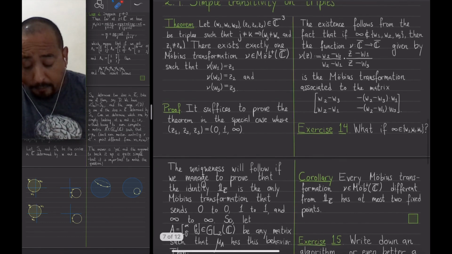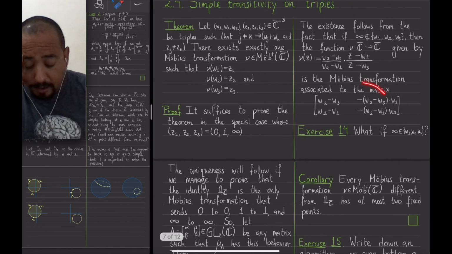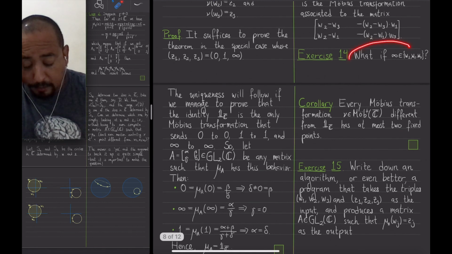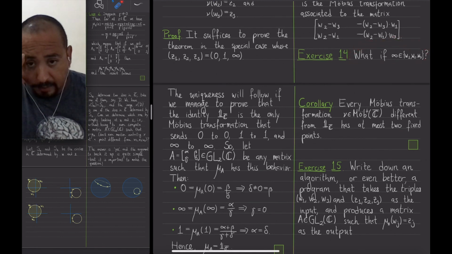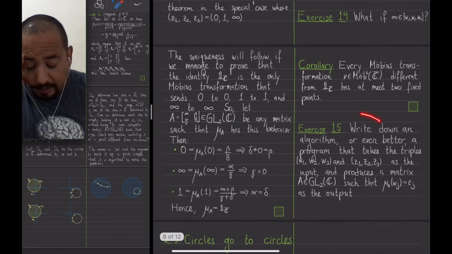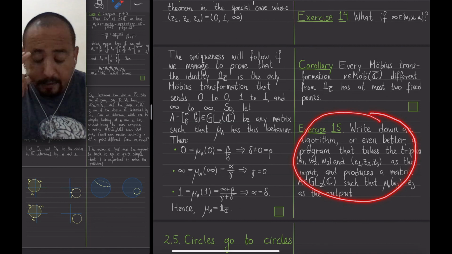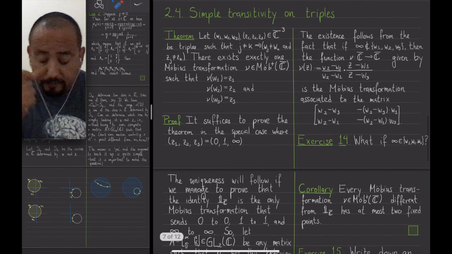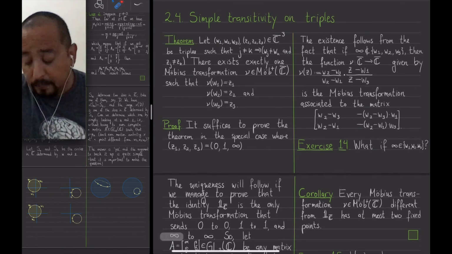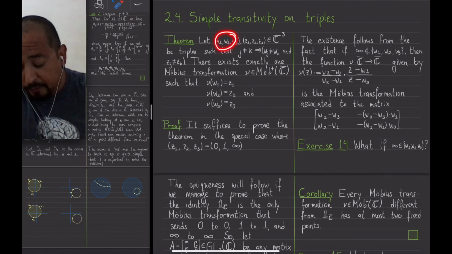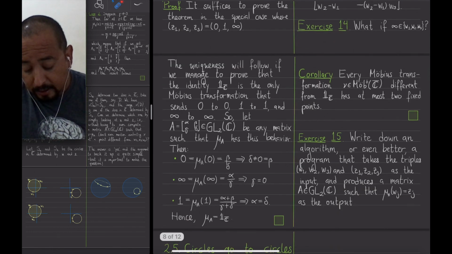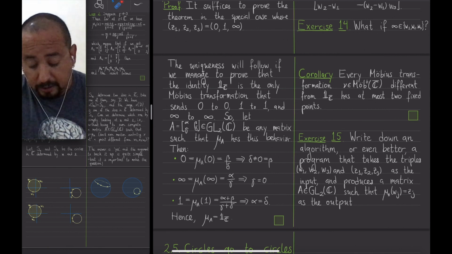Our proof, and also the part of the proof that is left to you, allows us to write down an explicit algorithm to produce, for each pair of triples of distinct elements of C bar, the corresponding Möbius transformation explicitly.